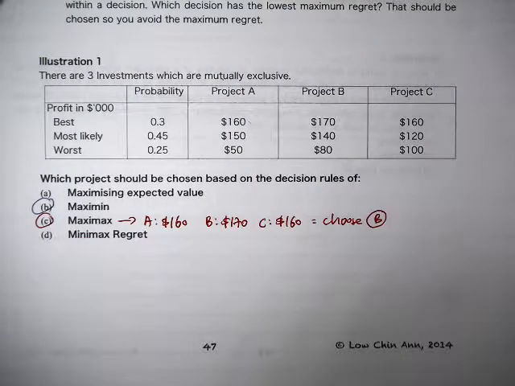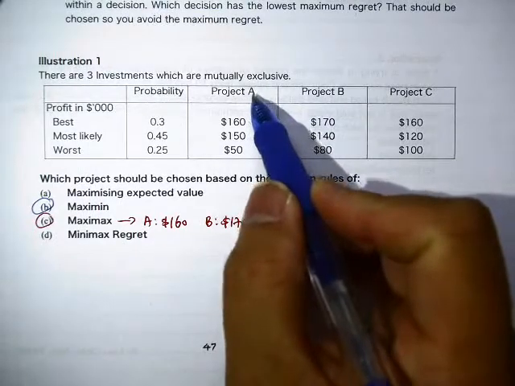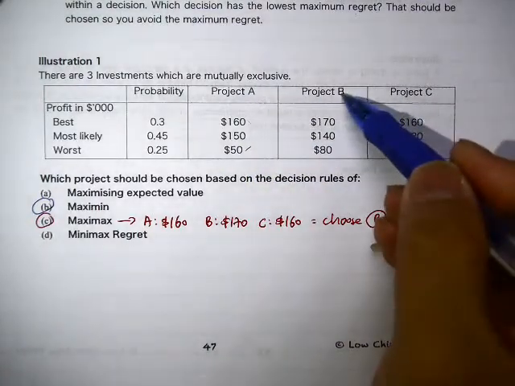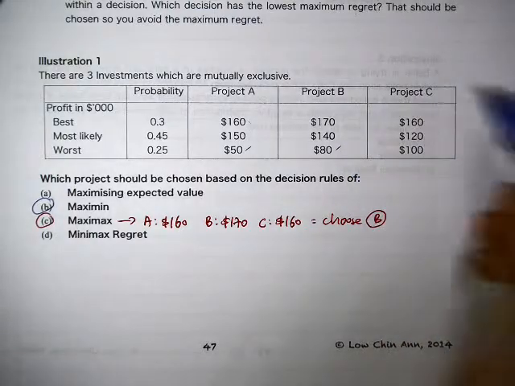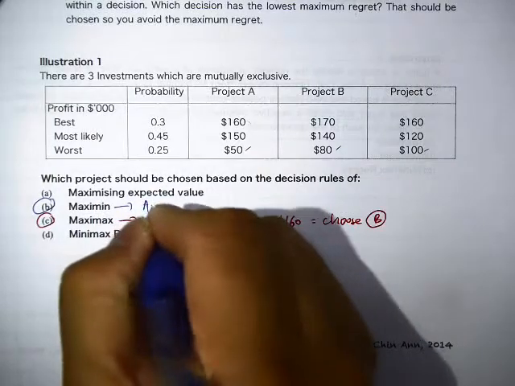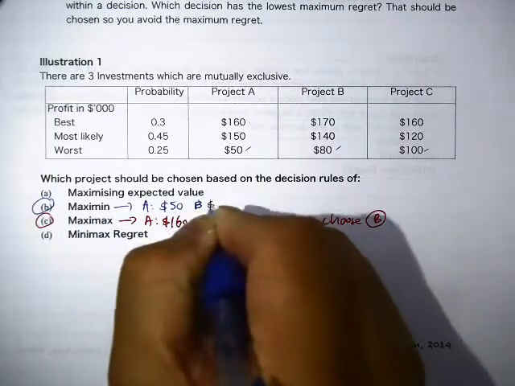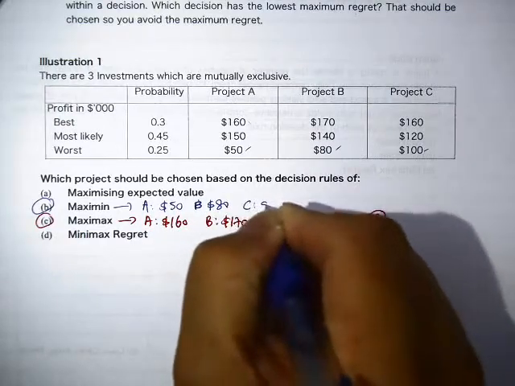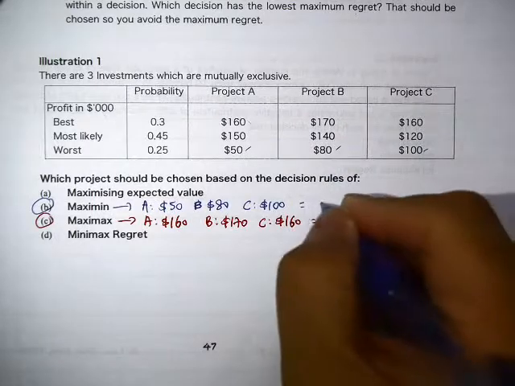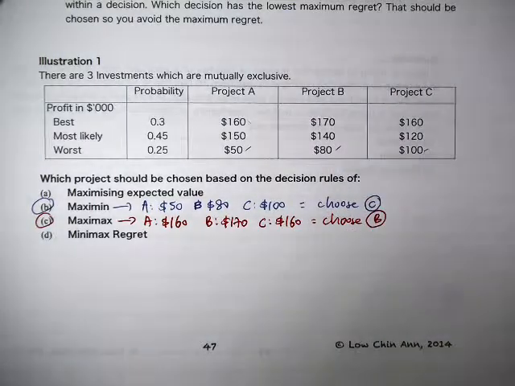So if you think the worst case, now if project A in the worst case, how much you gonna get? 50 lah. Project B in the worst case is 80. Project C, the worst case is 100. Now, so worst for A is 50. Worst for B is 80. Worst for C is 100. So we are choosing best of the worst one. So you choose C.